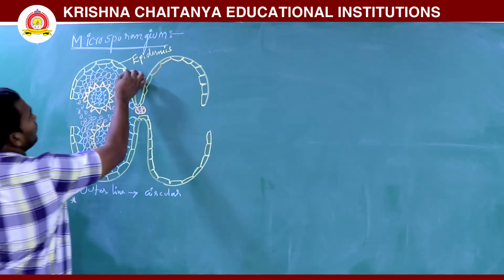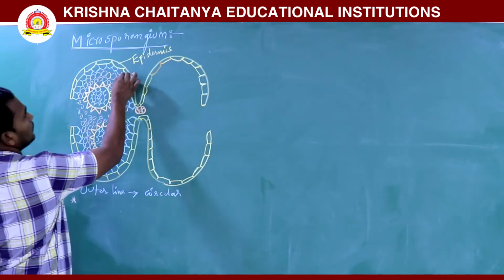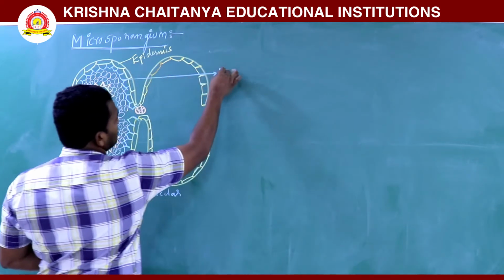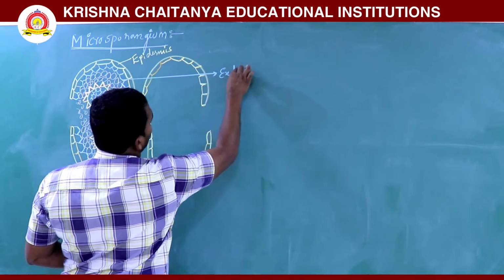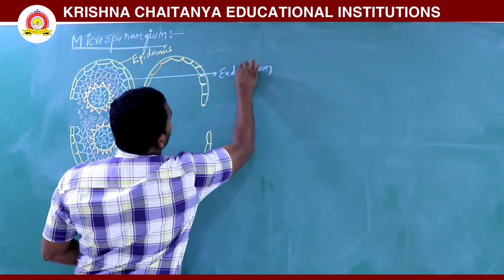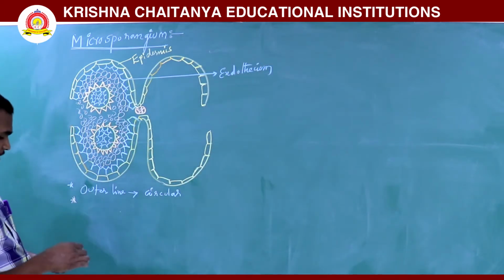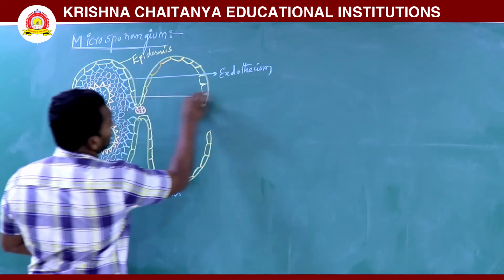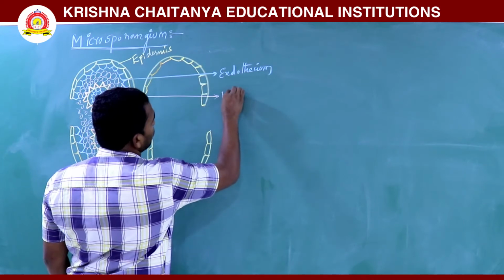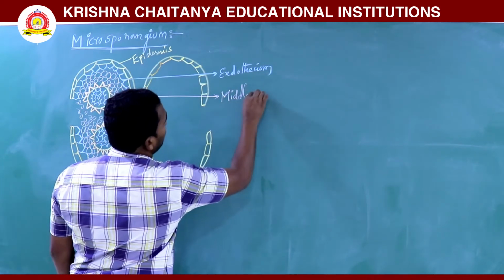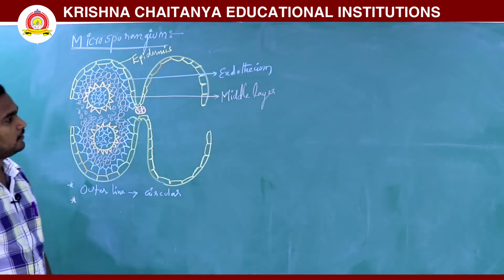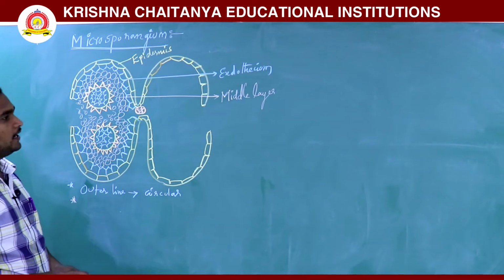It is followed by another layer, which is called the endothecium. The next layer is called the middle layer.